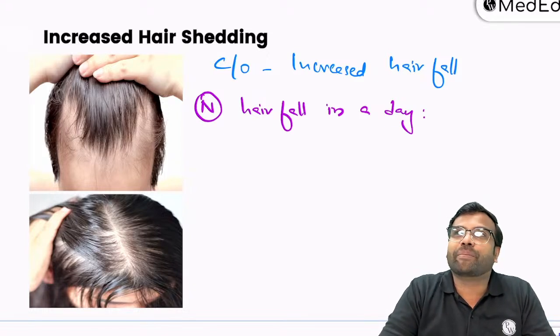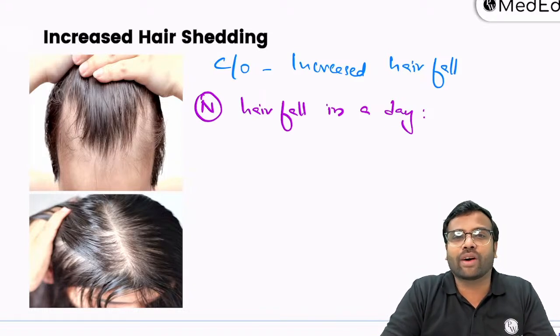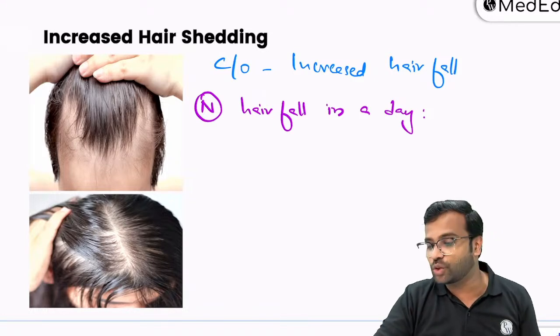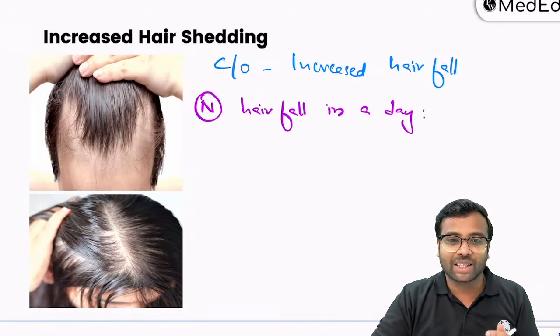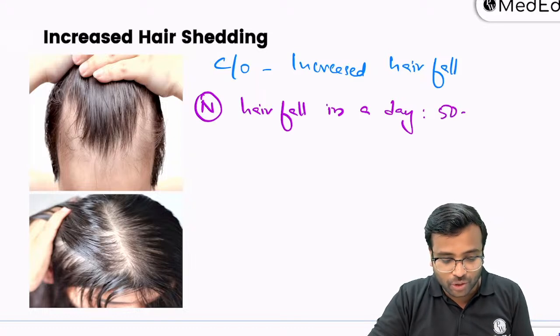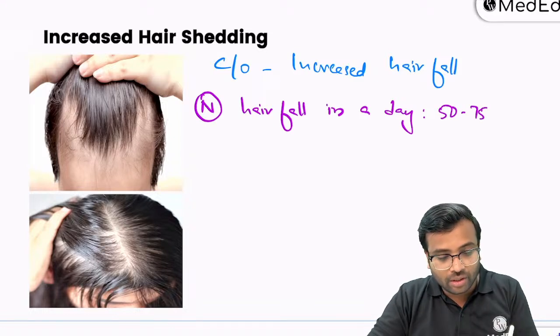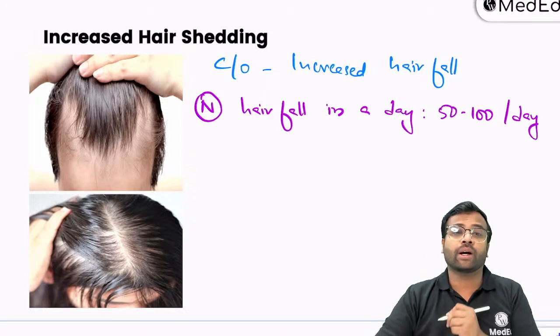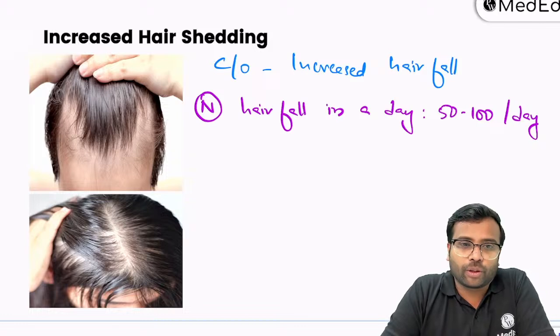Is it 10, 50, 75, 100, 200, 250? How many hair fall in a day is going to be considered normal? So that's a question. So here the right answer should be 50 to 100 per day is going to be a normal hair fall.